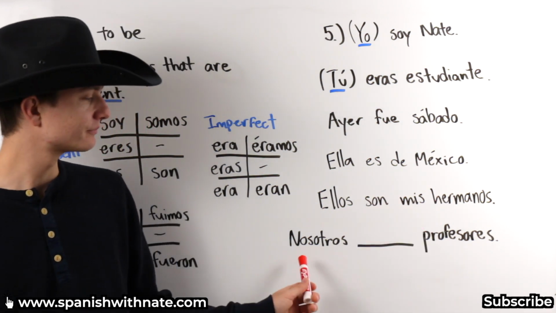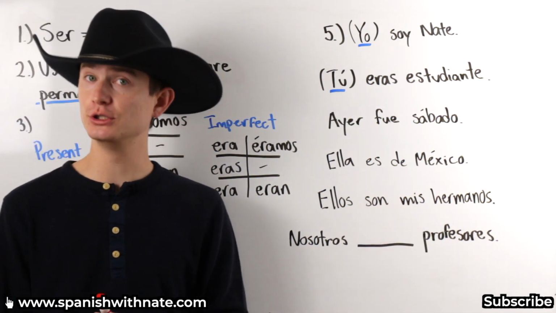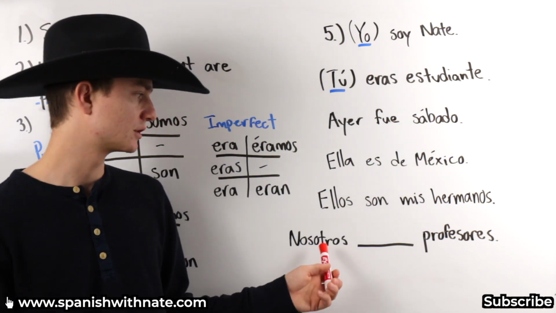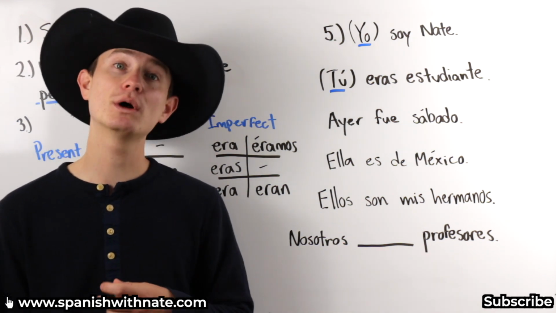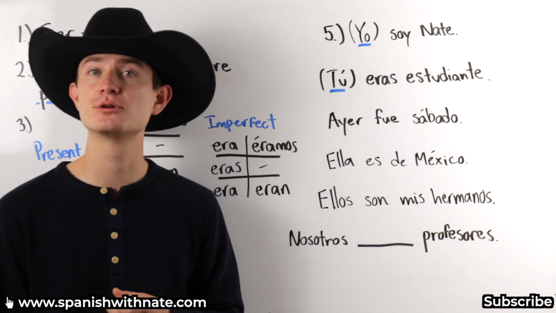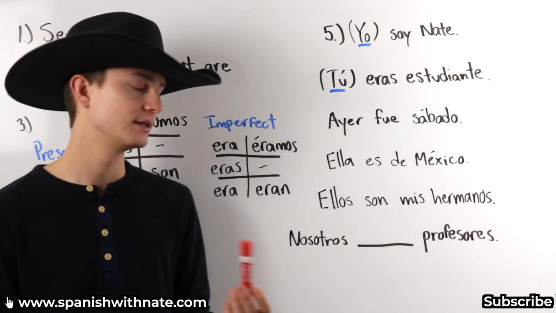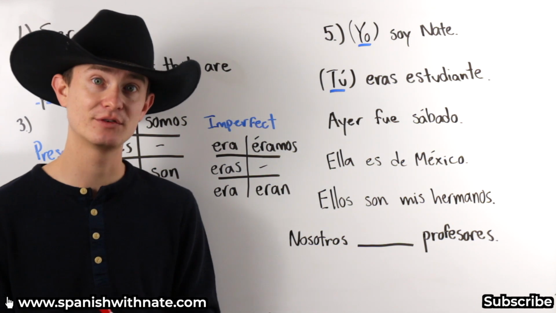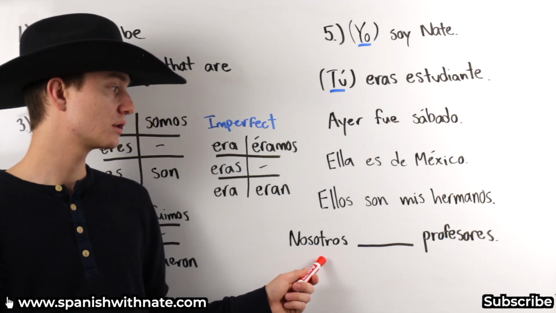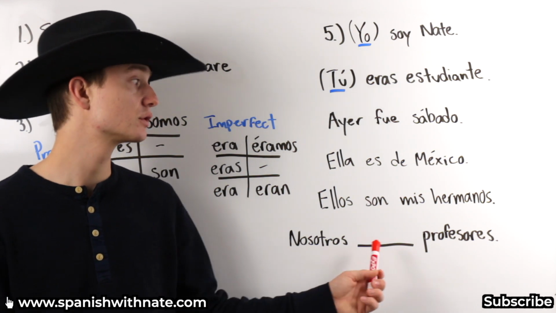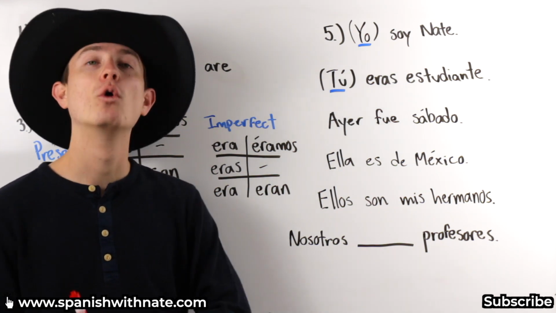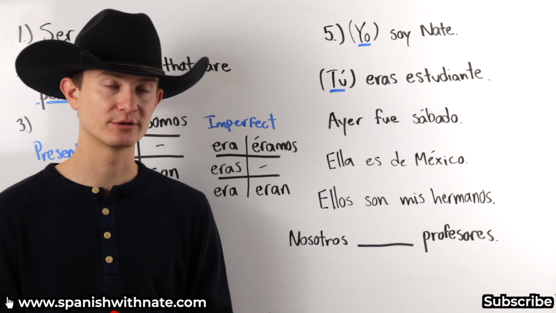Now, I have a little fill in the blank here that I want you to do. Nosotros blank profesores. So what would we put here? If we were doing the present tense, we would do... You can pause the video if you're not ready. Nosotros somos profesores. We are professors.